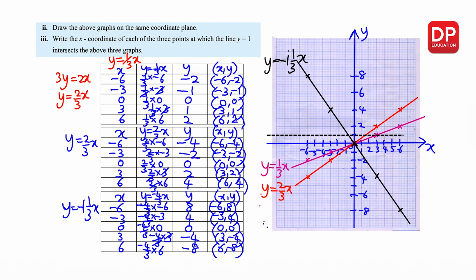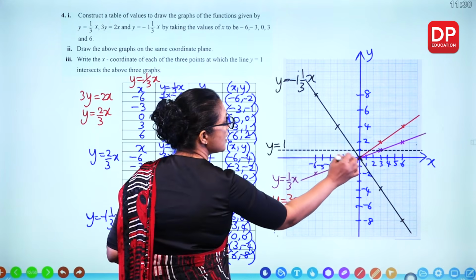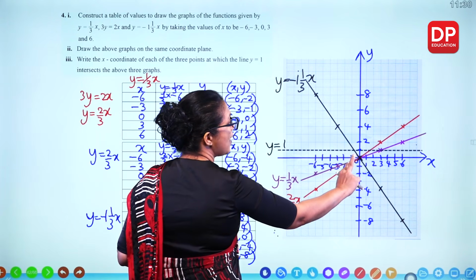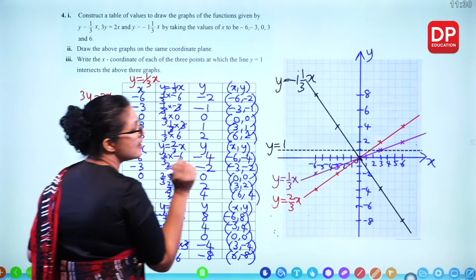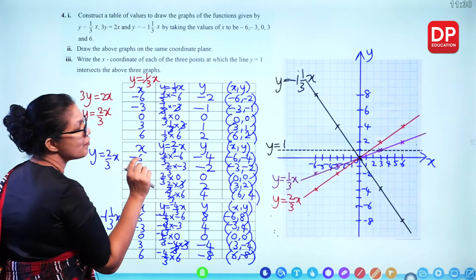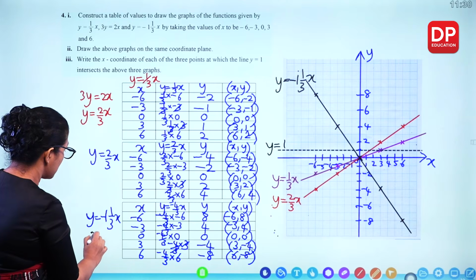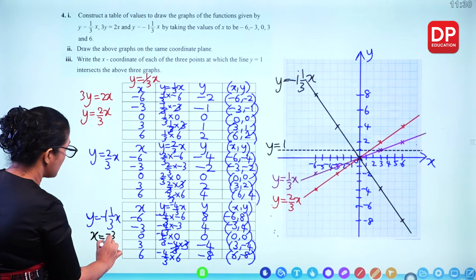This is the y equals 1 line. So what's the point here? Here it is in between minus 1 and 0, towards this side, we can take 3/4 of that, minus 3/4.